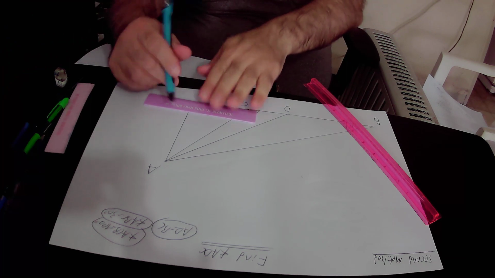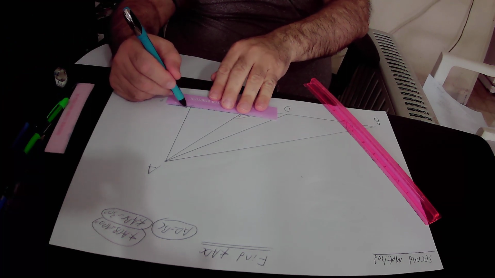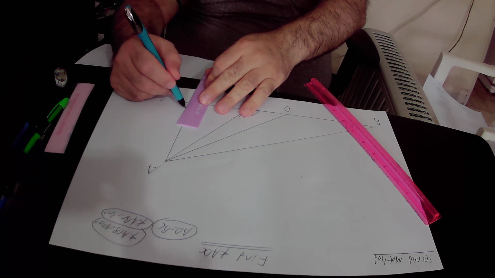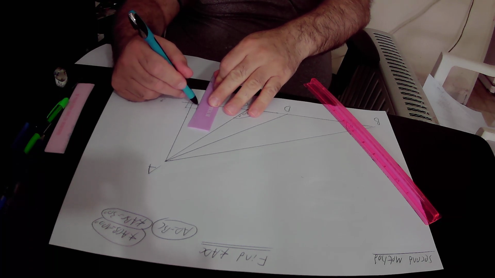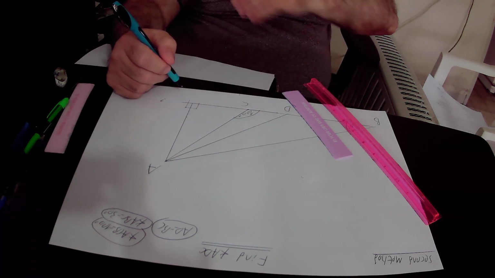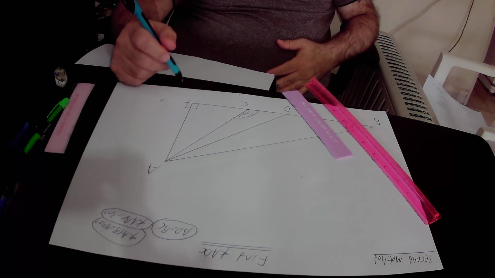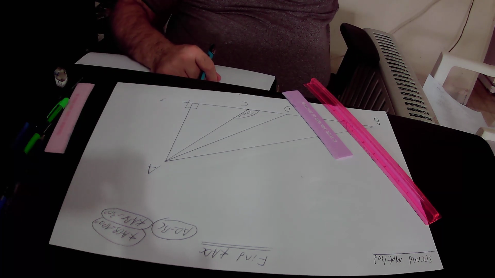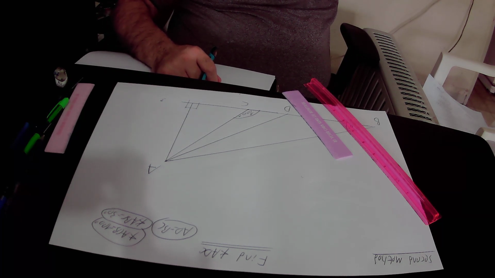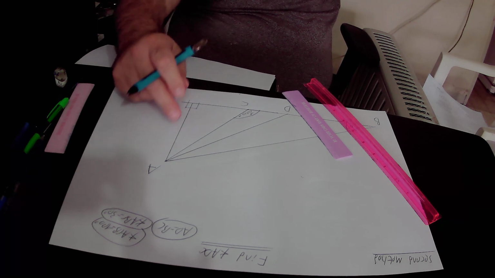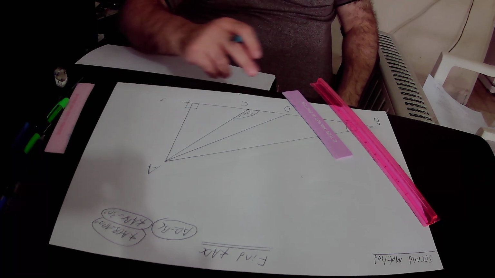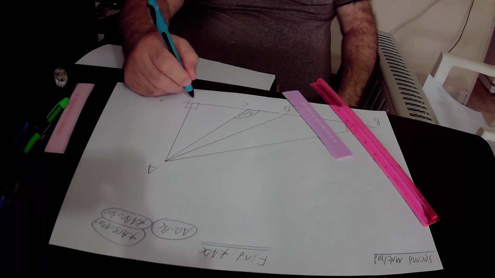So this angle will be equal to 90 degrees, and this angle will also be equal to 90 degrees. And we will define the intersection point between the perpendicular from point A and the extended BC as point E.